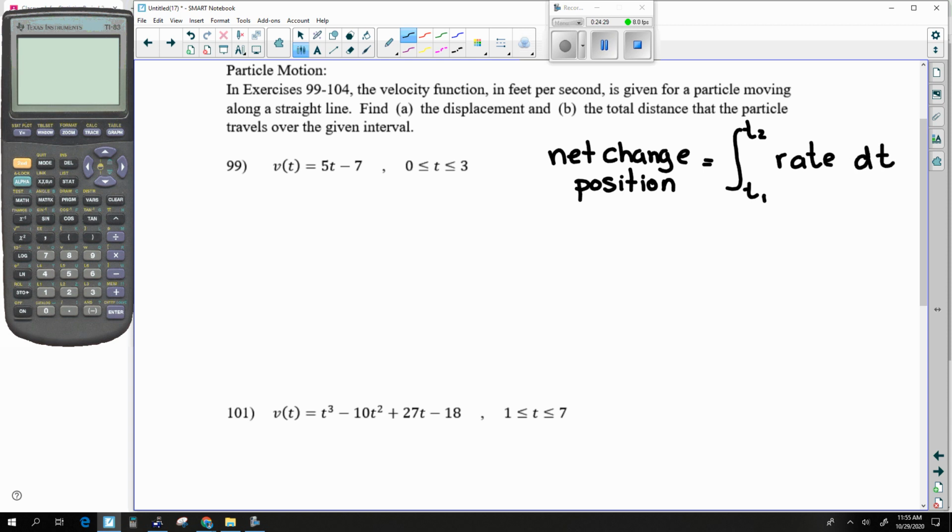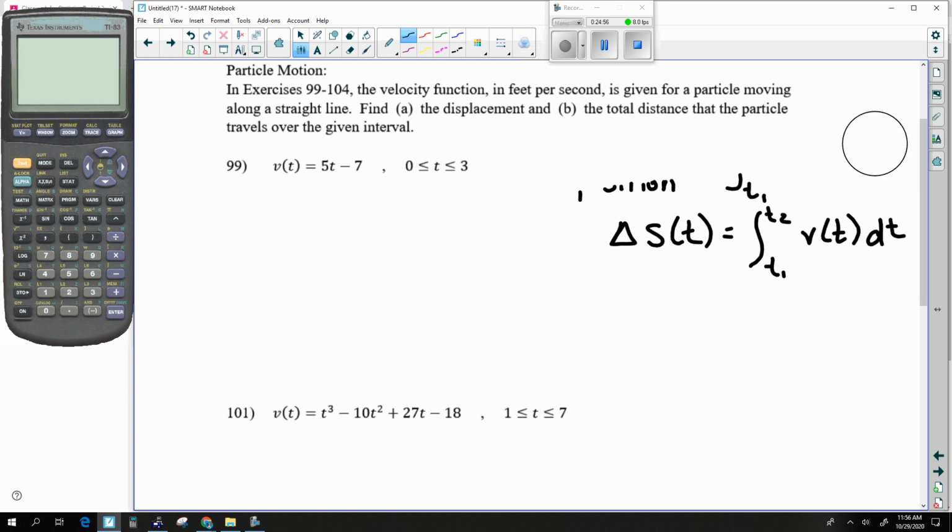So in essence, the change in position, delta s, is equal to the integral from time 1 to time 2 of the velocity. And that will say, hey, yeah, you changed 2 miles. Okay, and then I'll teach you how to associate this with total distance.